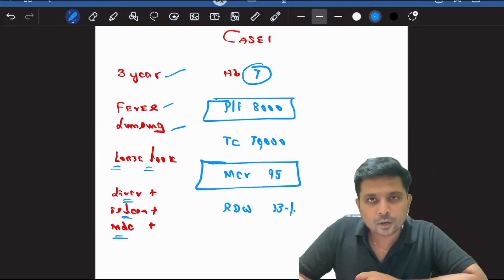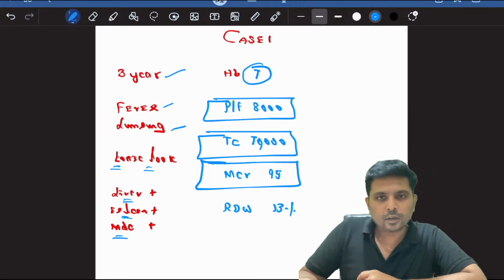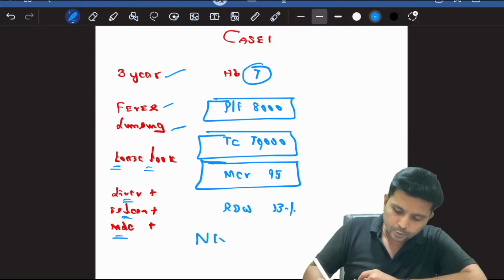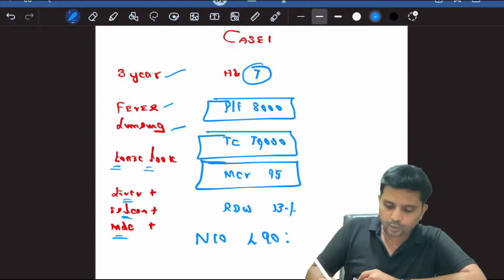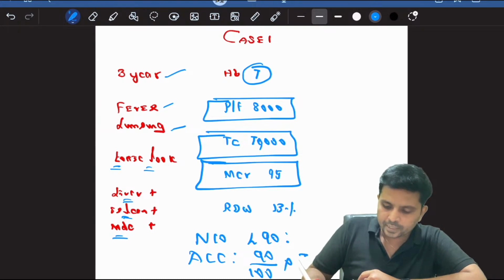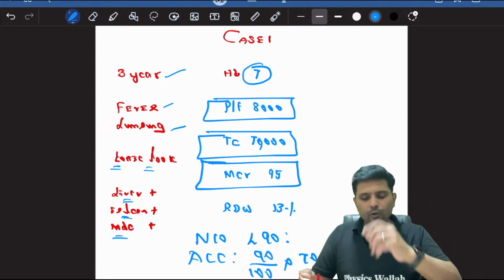So this is normocytic. Total count is 70,000. Let me say neutrophil 10%, lymphocyte 90%. So an absolute lymphocyte count should be 90 by 100 into 70,000. So roughly 63,000 is the lymphocyte count.